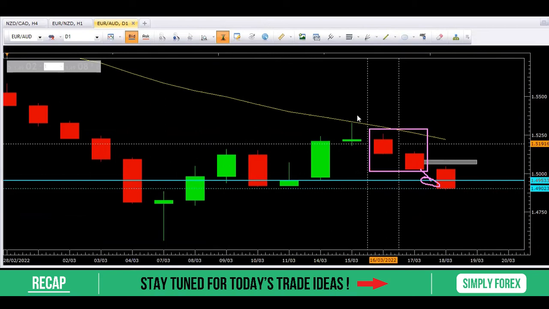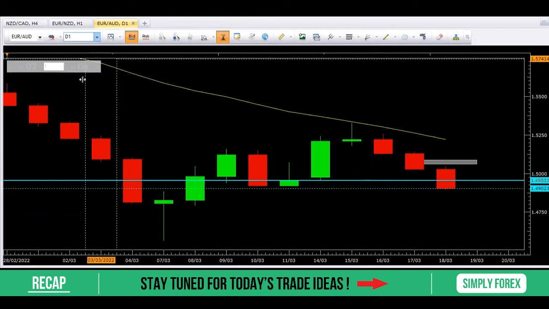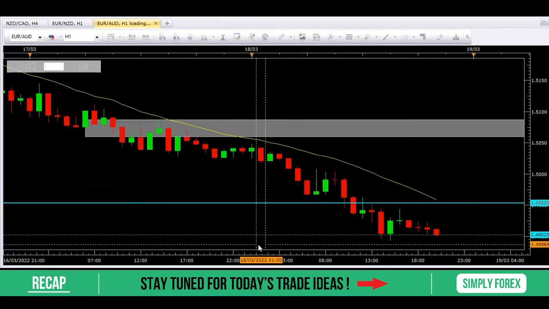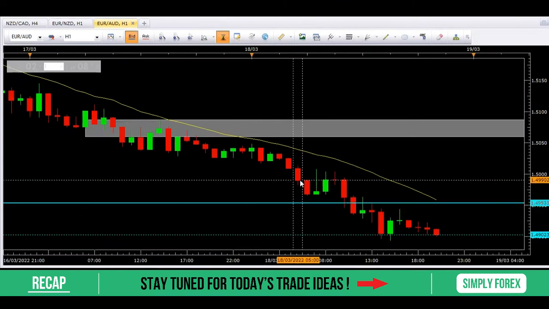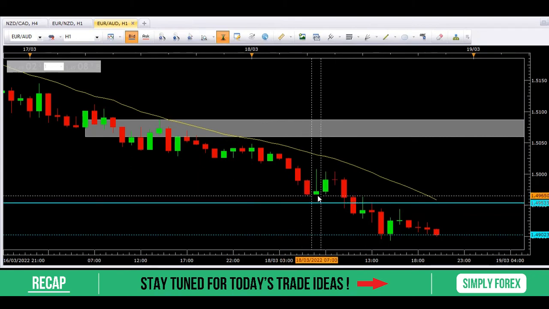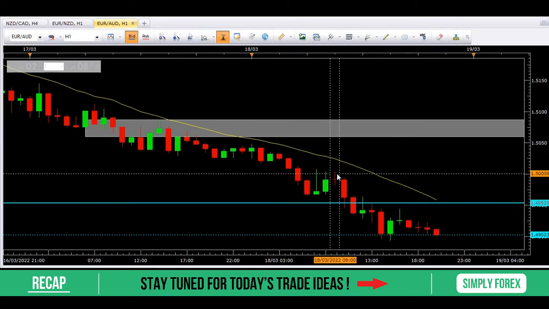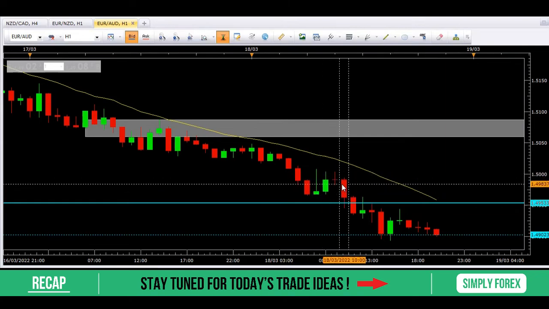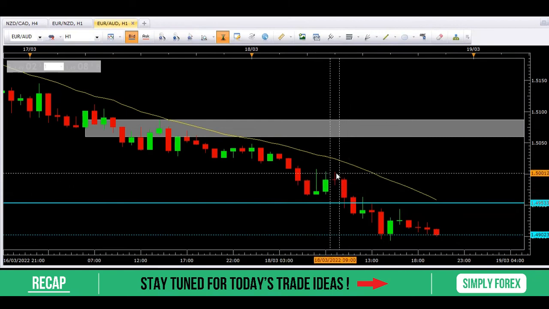So let's look at H1 to see if we could get in on this trade. Again, guys, the time I woke up was 5, 6 o'clock GMT, and we're already down here and almost hit our blue target. But let's say we wanted to continue this trade. It's still difficult to find a candle that tells me sellers are in control.